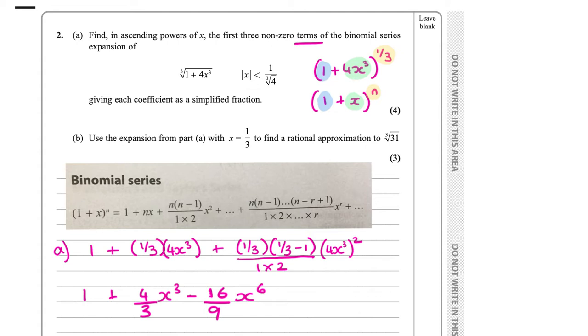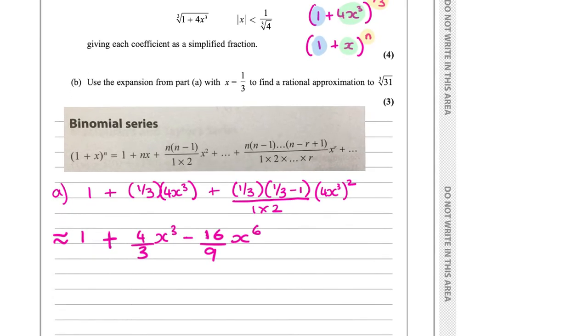Now, before we start this question, and before we just substitute in x equals a third into our expansion, first step we're going to do is, we want the cubed root of 31. If I substitute in 1 plus 4 lots of a third cubed, what do I actually get?